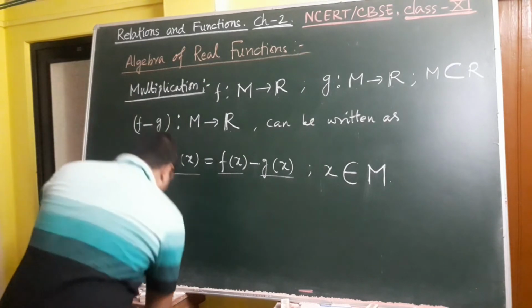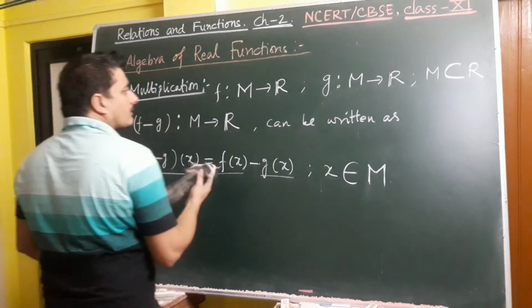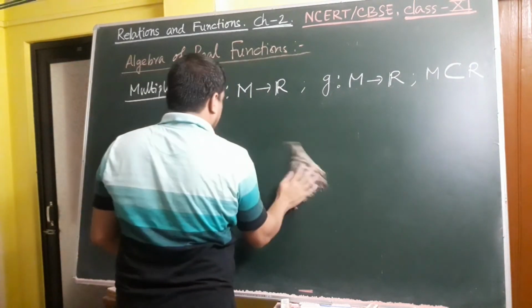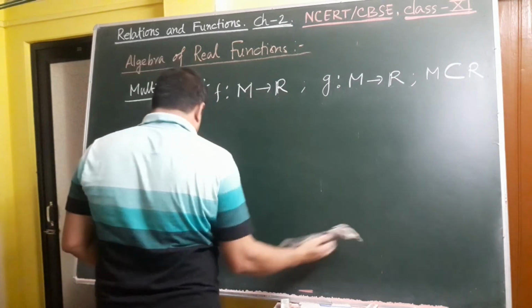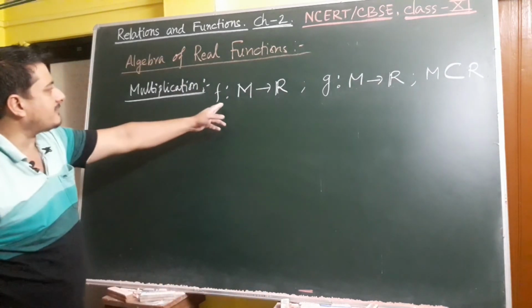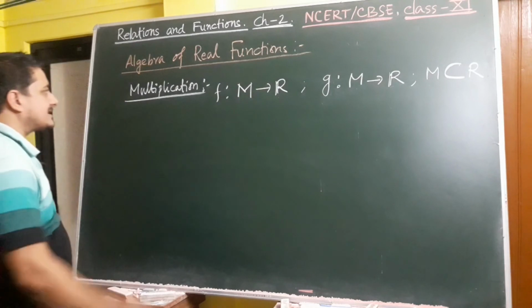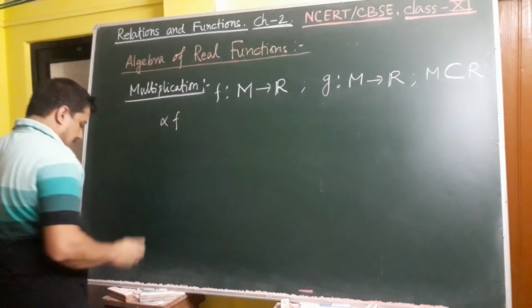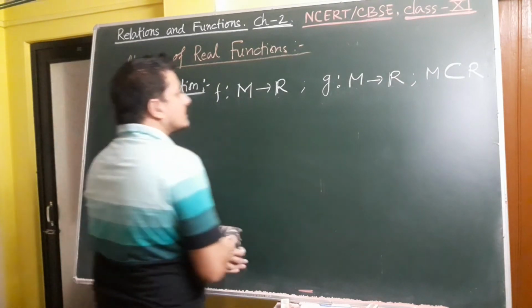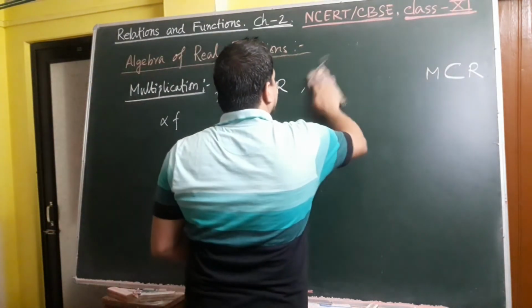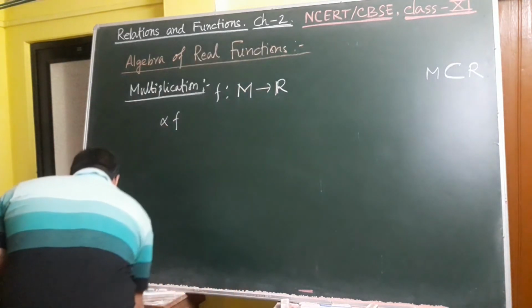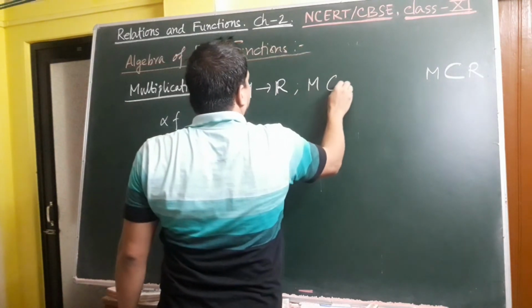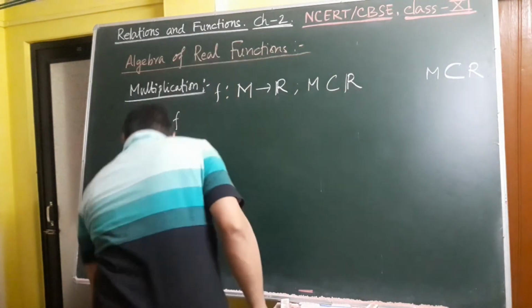Say there are these two functions f and g from M to R. Only this much is sufficient, because we shall multiply this function with a scalar quantity. M is a subset of R, real numbers.